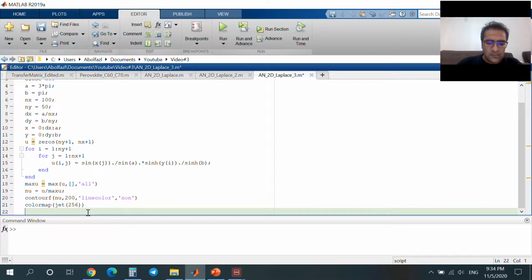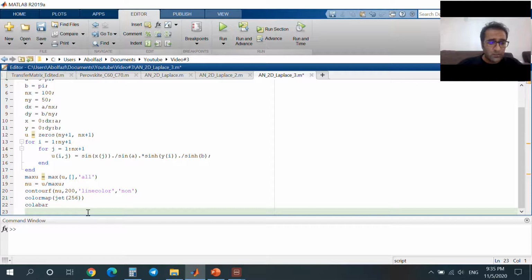And what else? Color bar. I want to define the color bar on the side of my plot, and also the minimum and the maximum values for the color bar. It's c-axis. The c-axis should be changed from -1 to 1 because I normalized my function by the maximum value.